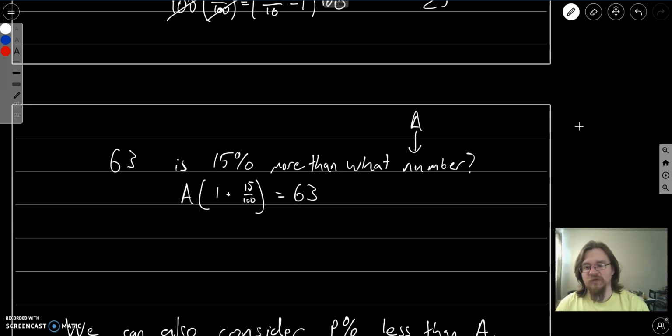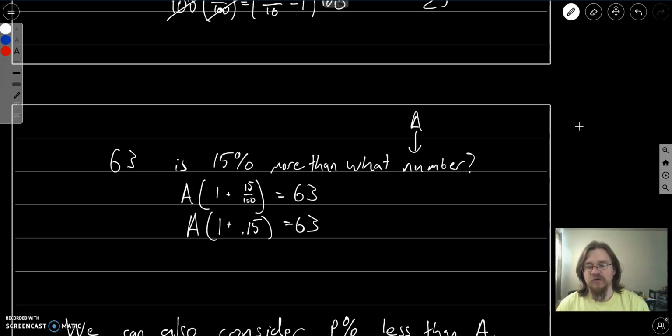Cool. So now we can just try to solve for A. So first of all, I have this 1 plus 15 over 100. I'm going to simplify this into just one number. So first of all, let's take A, and we're going to multiply by 1 plus 15 100ths. Well, 15 divided by 100 is 0.15.